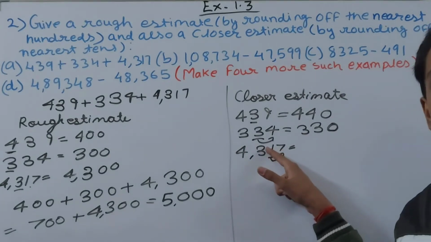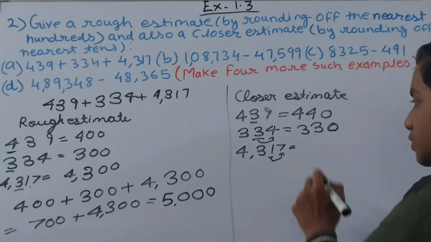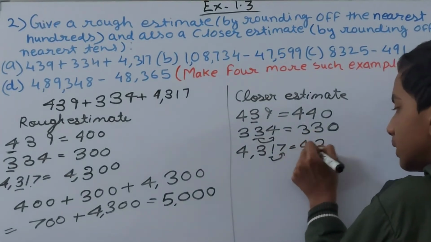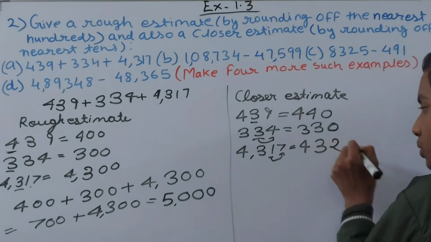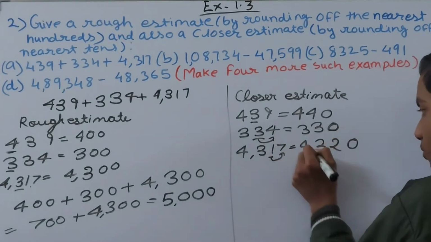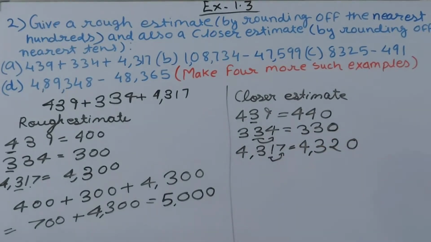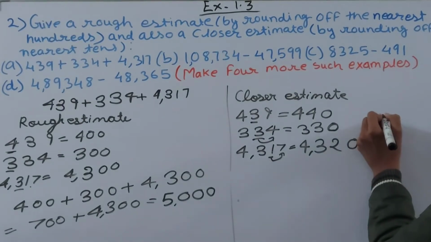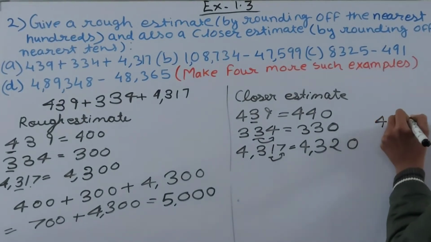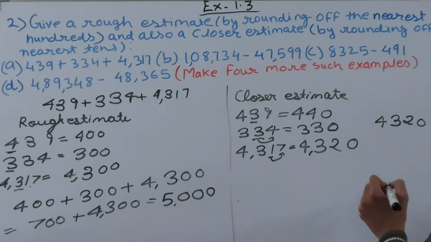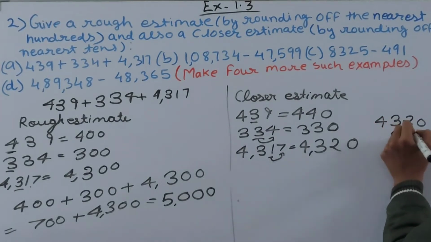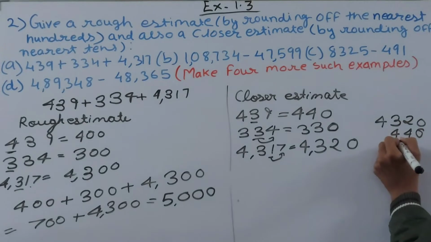So we add 1 to 1 and that gives us 2. So 4, 3, 1 plus 1 is 2, and 7 will turn to 0. 4320. So now we will add them. 4320, then we have 440, and in the last we will take 330.